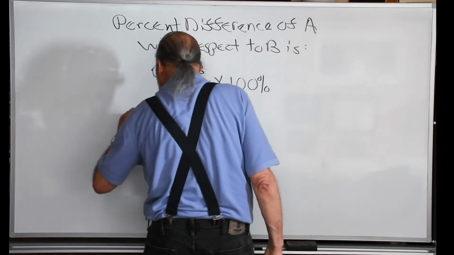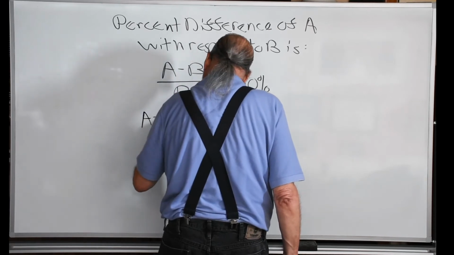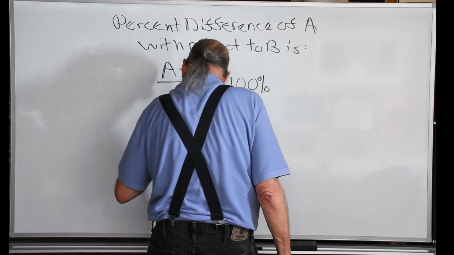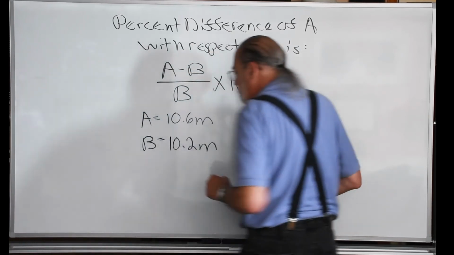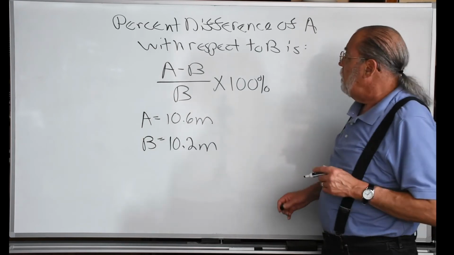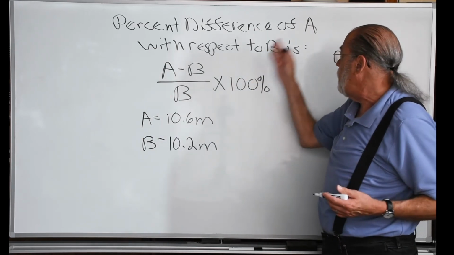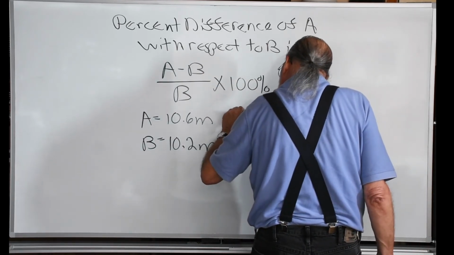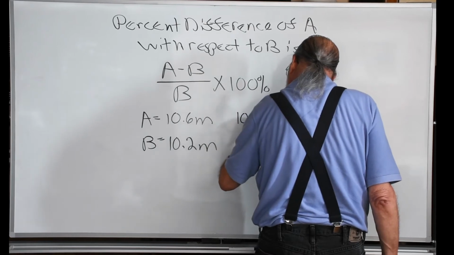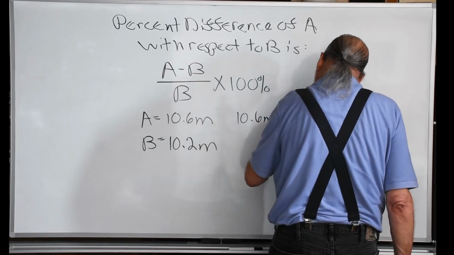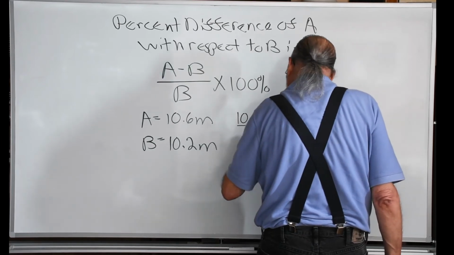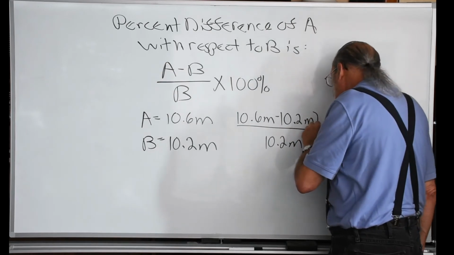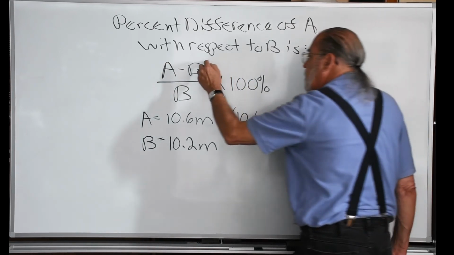So if I have a measurement A that is 10.6 meters and measurement B is 10.2 meters, and I want to know the deviation or percent difference between A and B, then we take A minus B, 10.6 meters minus 10.2 meters, all divided by 10.2 meters, and strictly speaking, to be absolutely sure, you should put parentheses around that.